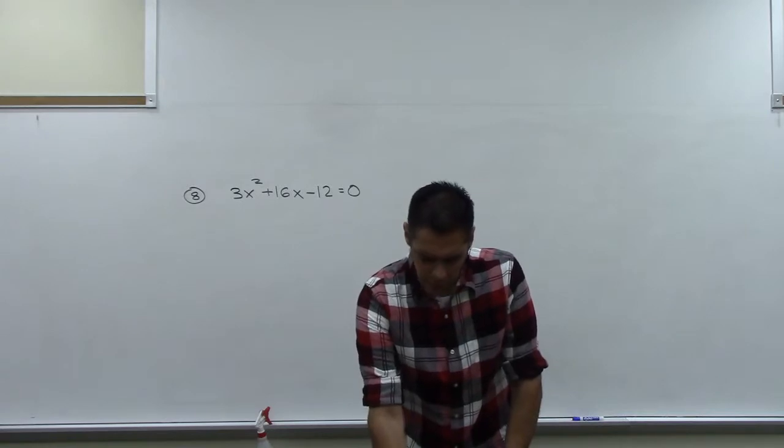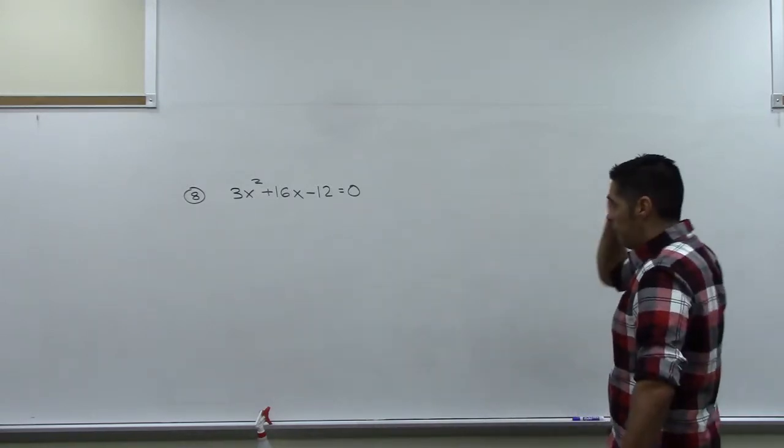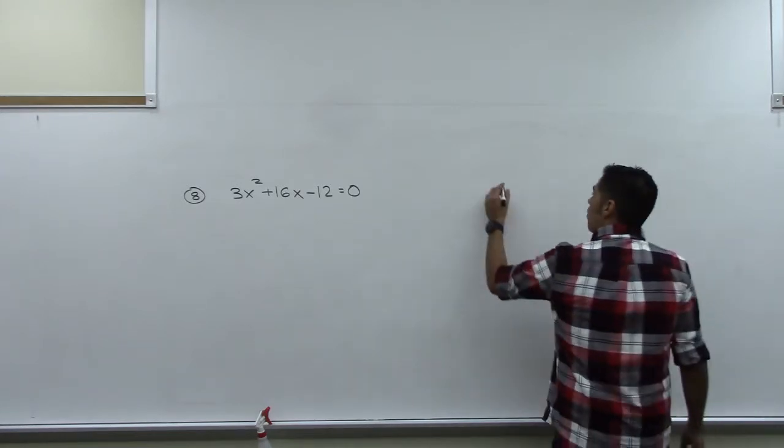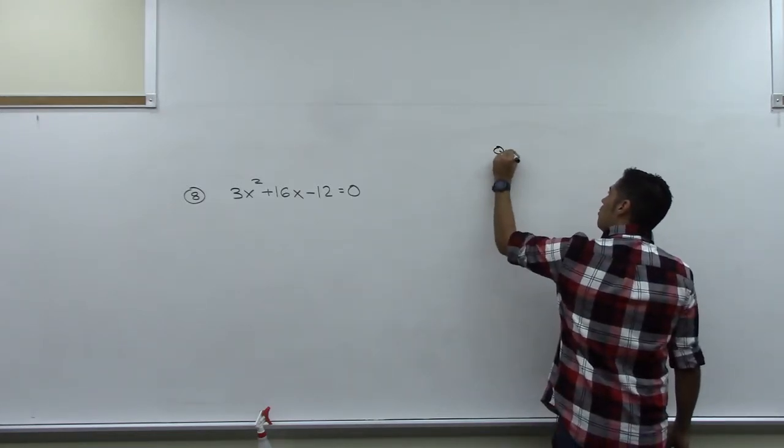All right, so we need to use the quadratic formula. That's what they're telling us to do. So you need to remember the quadratic formula says this. I'm just going to put QF for quadratic formula.